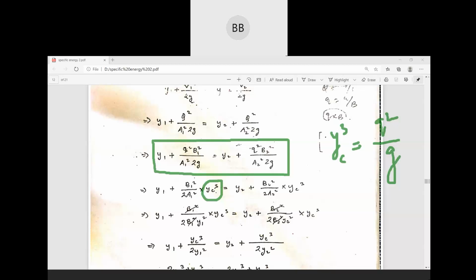Here also, in place of q square by g, yc.